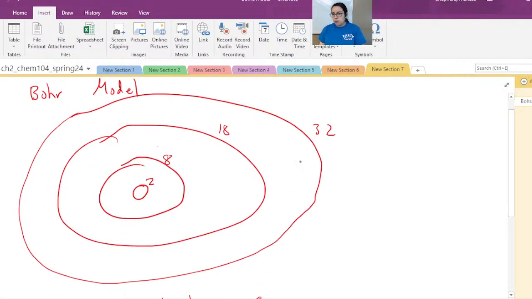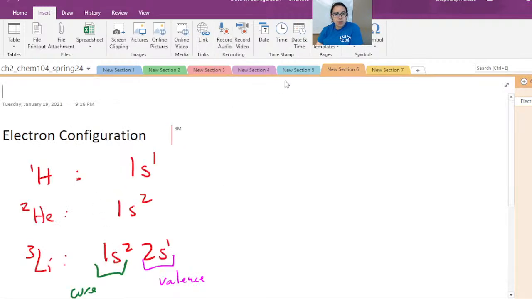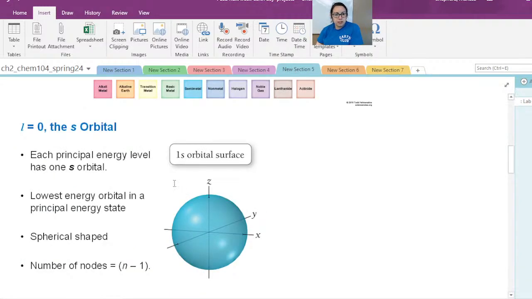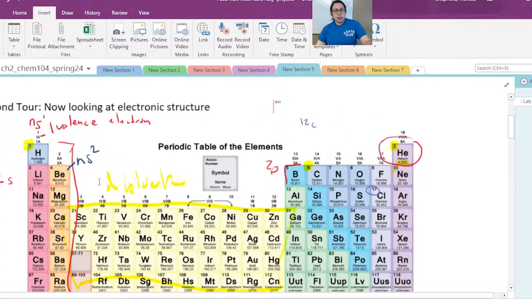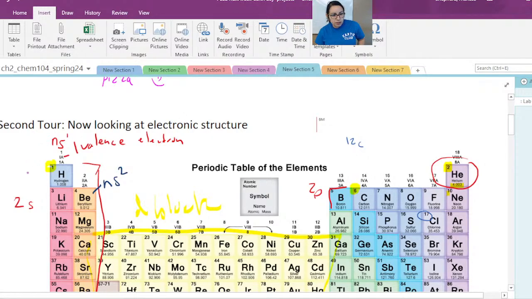If you recall from middle school or high school, you learned that it could fill in 2 electrons, so 2 electrons occupy that. Taking a more detailed look, we're starting with our 1s, which just means our first row, and that corresponds over here. So this is our 1s as we fill it up.